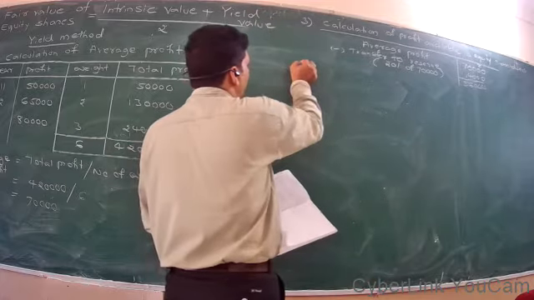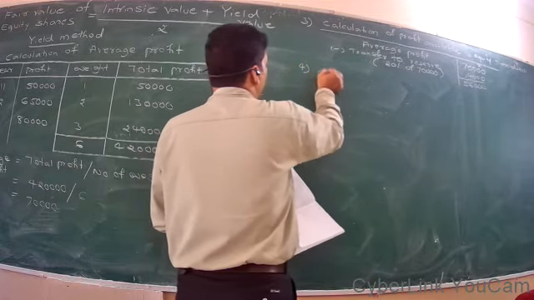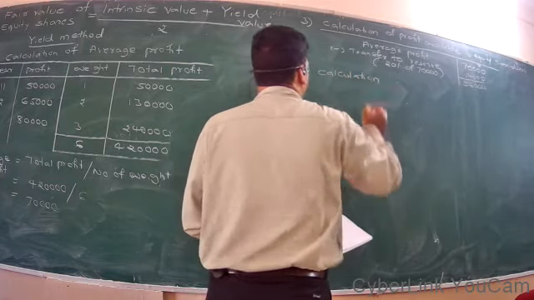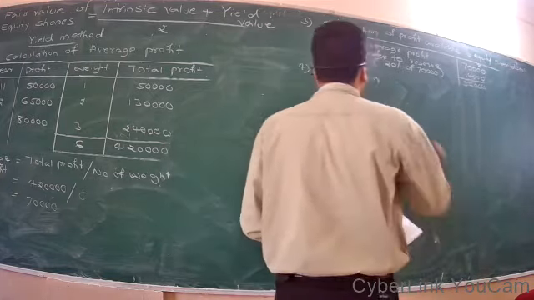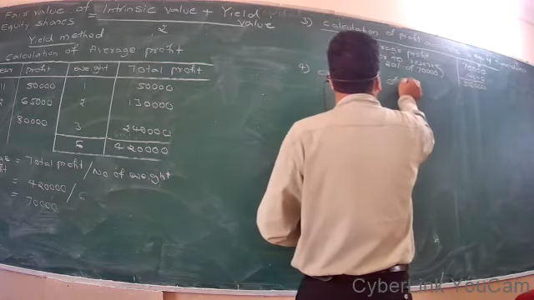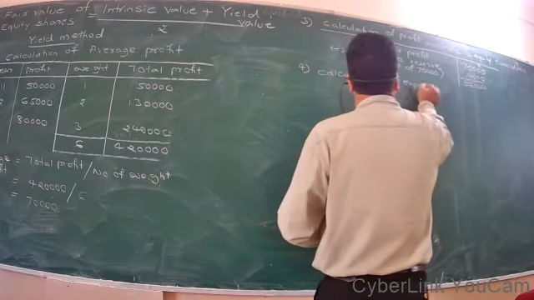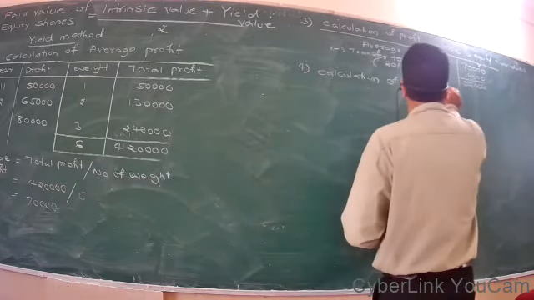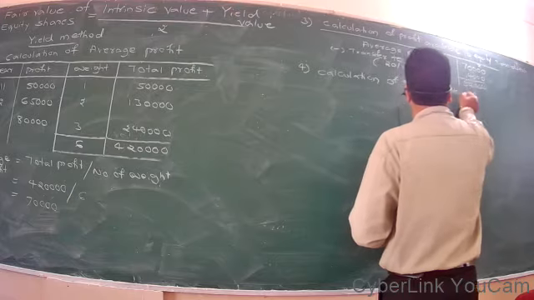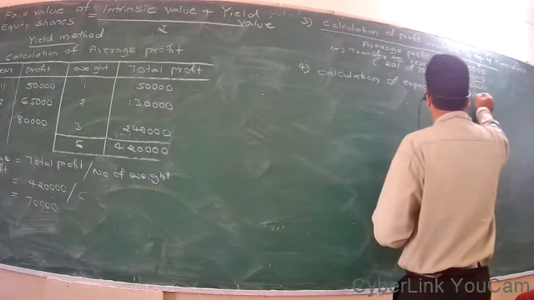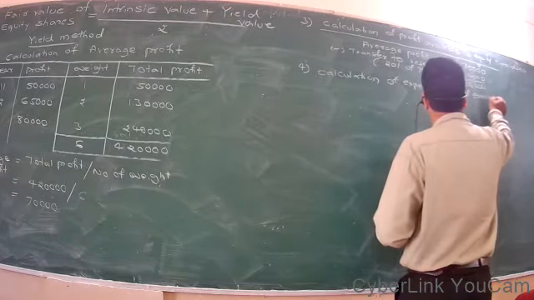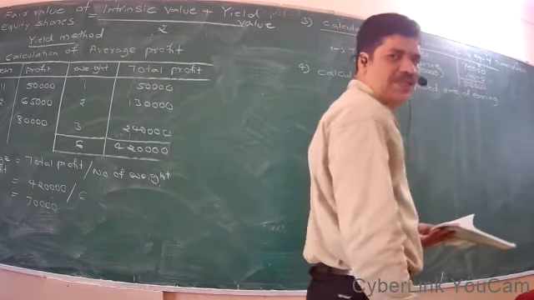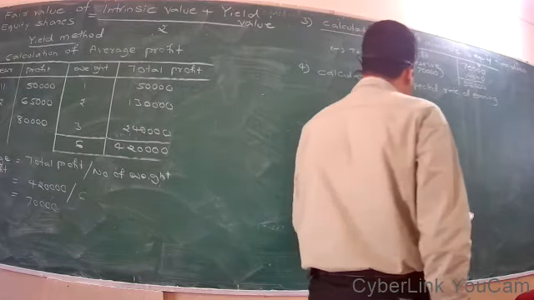The next one is the fourth step, the calculation of the expected rate of earning. I will also consider it as the expected rate of dividend.